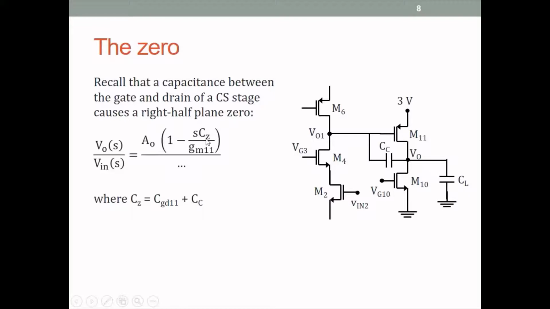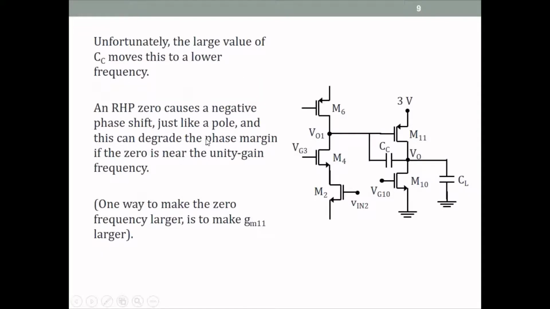plane pole, and therefore this degrades the phase margin because you have a zero close to the unity gain frequency, which is in the right half plane. The phase becomes more negative, and so the phase margin becomes more negative.